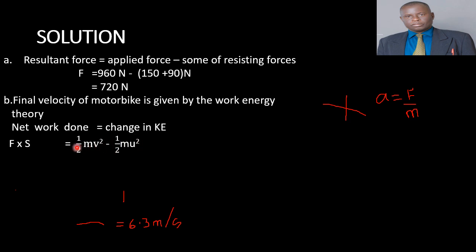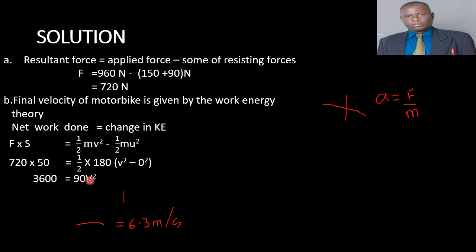Change in kinetic energy is half of mass times the square of the final velocity minus half of the mass multiplied by the square of the initial velocity. Starting from rest, the initial velocity is 0. We are solving for v. So multiply out, you get 3,600.